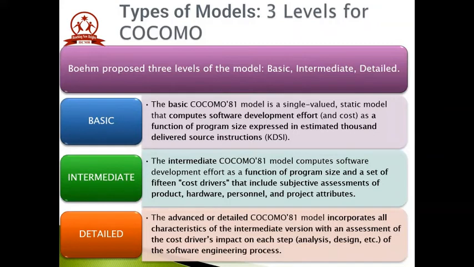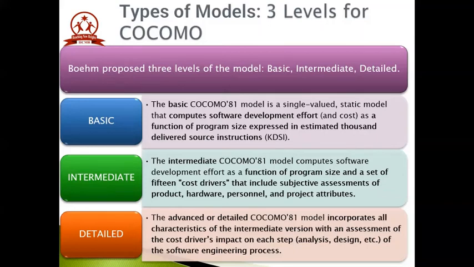COCOMO 1 has proposed 3 types of models or 3 levels of COCOMO: the basic COCOMO model, the intermediate COCOMO model, and the detailed COCOMO model. The basic COCOMO 81 model is a single valued static model that computes software development effort as a function of program size expressed in estimated 1,000 delivered source instructions or 1,000 lines of code, that is KLOC.